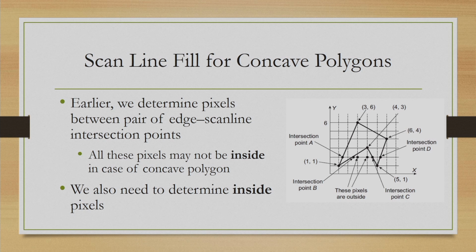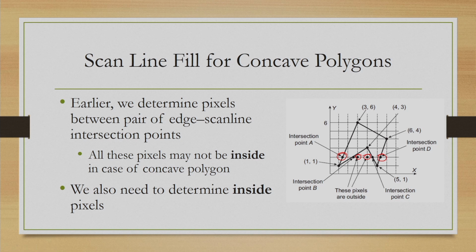Let us take an example. Here in this figure, as you can see, this is a concave polygon. When we are dealing with these two extreme intersection points, some pixels are outside the polygon.